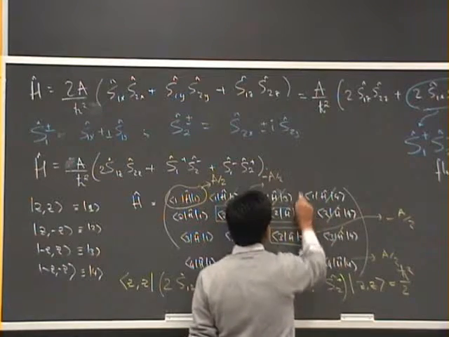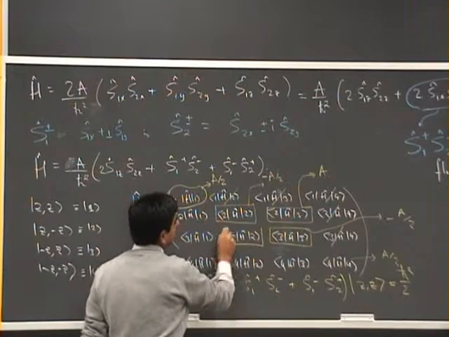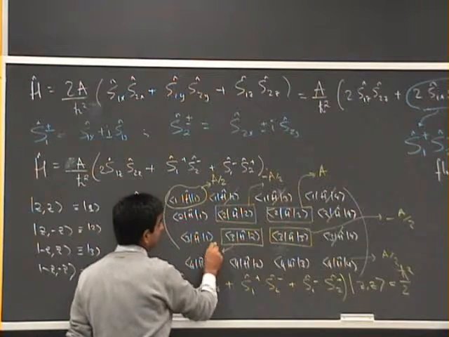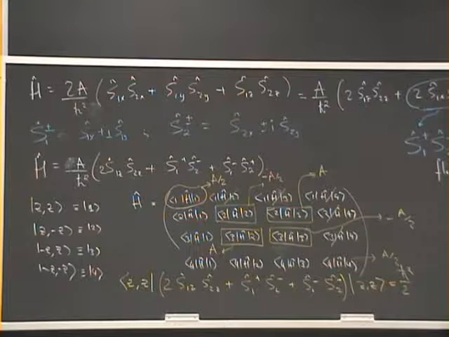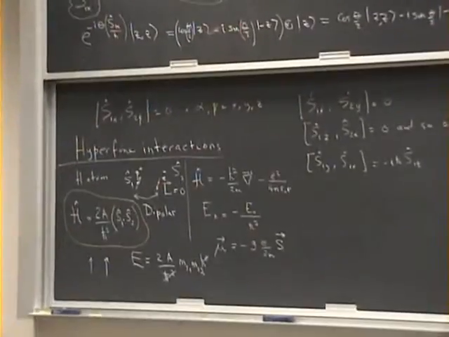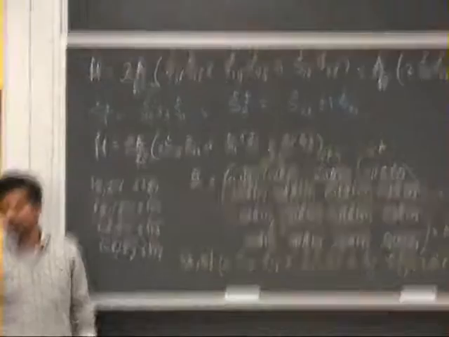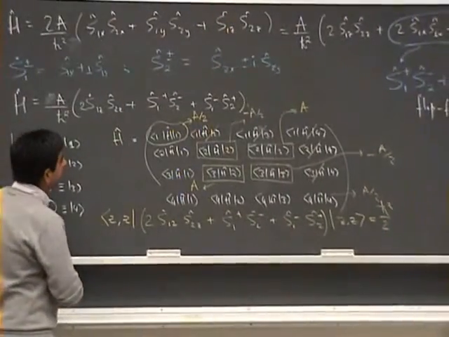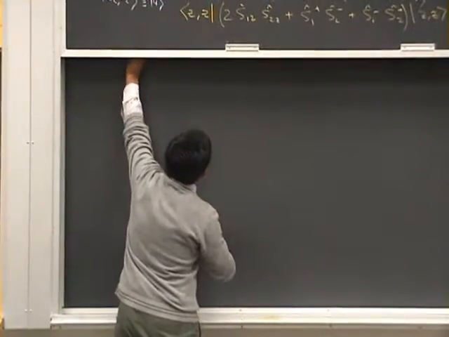This term is a. If this term is a, this term has to be a as well. Remember, a is a real number because this is how we define that Hamiltonian. a must be a real number because a must have dimensions of energy. If you work out this matrix, it's quite straightforward to do so. The Hamiltonian can quite conveniently be written in this form.